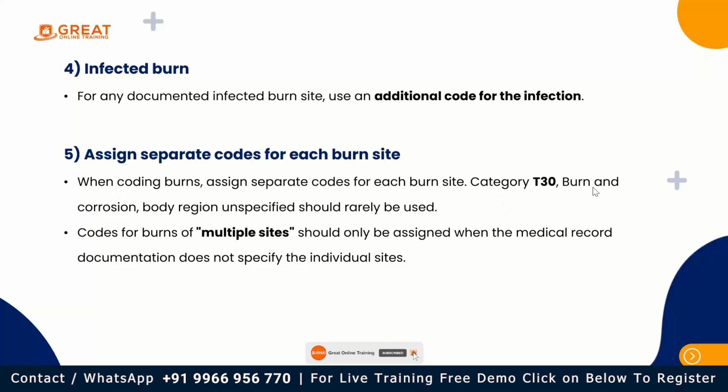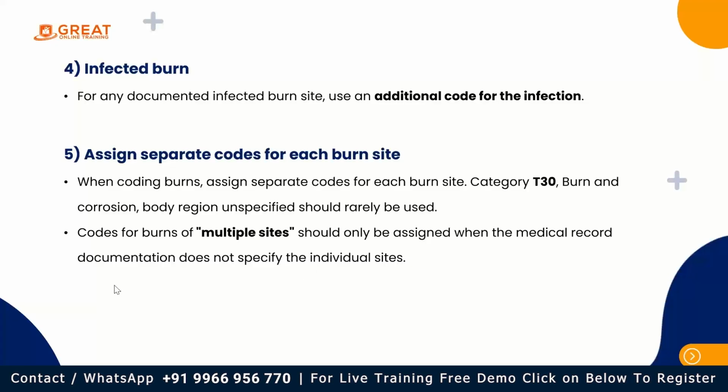Category T30, burn and corrosion, body region unspecified, should rarely be used. Codes for burns of multiple sites should only be assigned when the medical record documentation does not specify the individual sites.